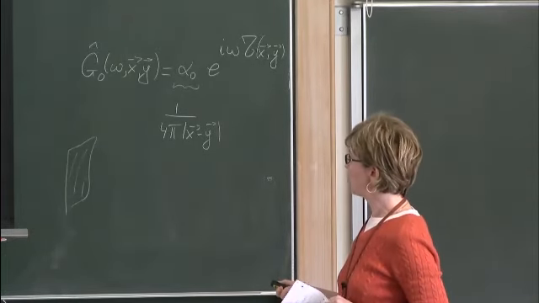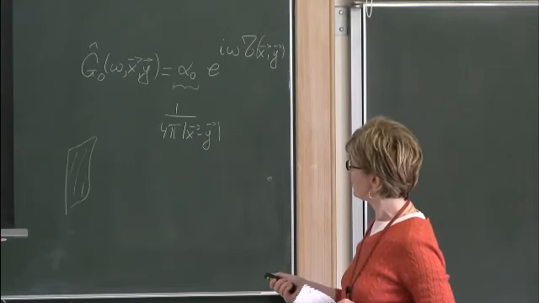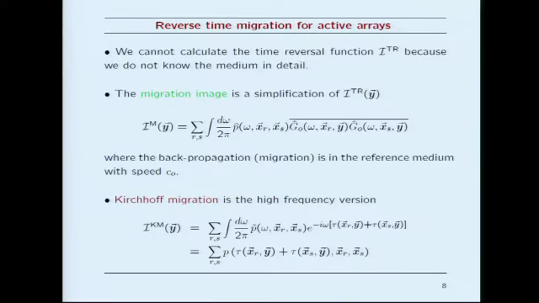So I replace these Green's functions by just these phases, and it is now easily seen that in the time domain, this amounts to taking the data that you measure at the array and evaluating it at the expected travel time that it will take to go from the source to the point at which you form an image and then back to the receiver.